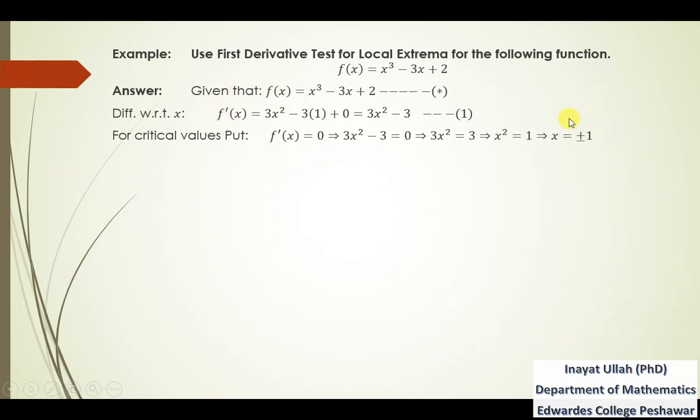At these two values of x, this function may take the maximum value or minimum value, or maybe not at both of those two values. So there are two critical values, x equal to minus 1 and x equal to plus 1.